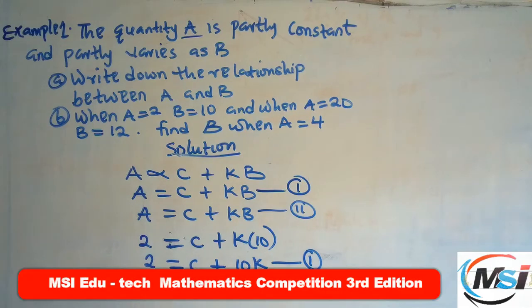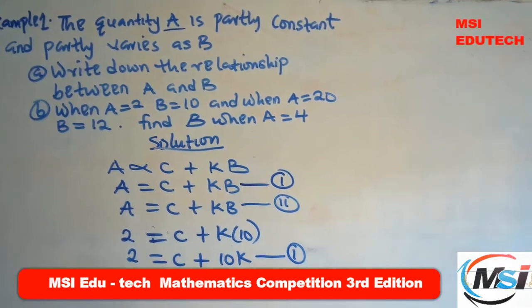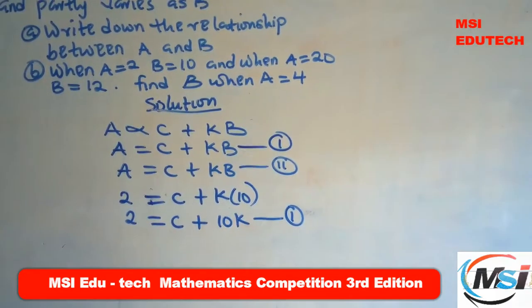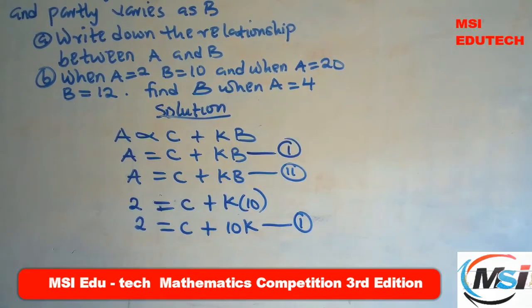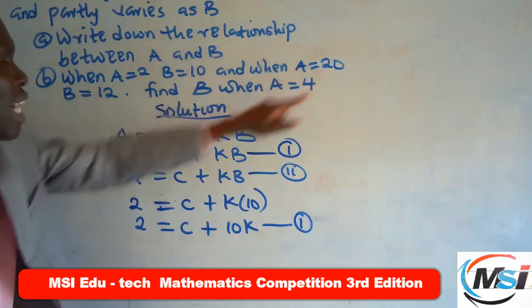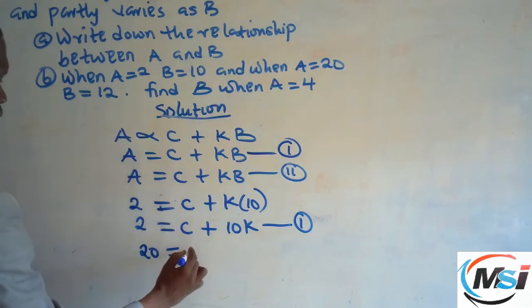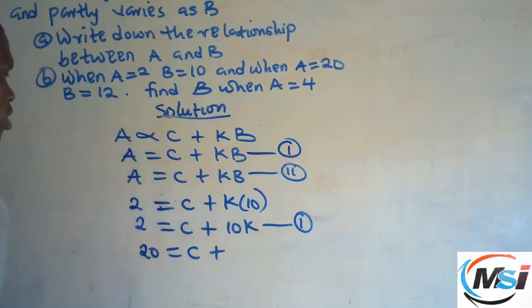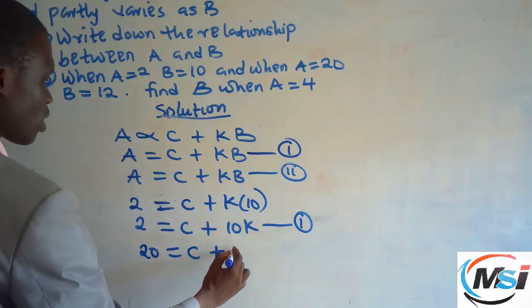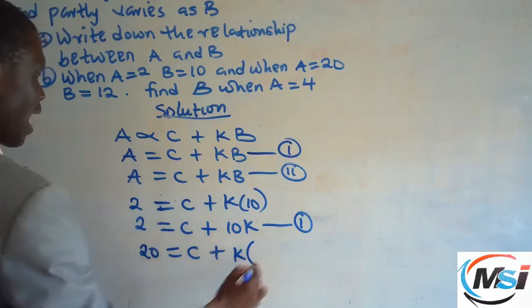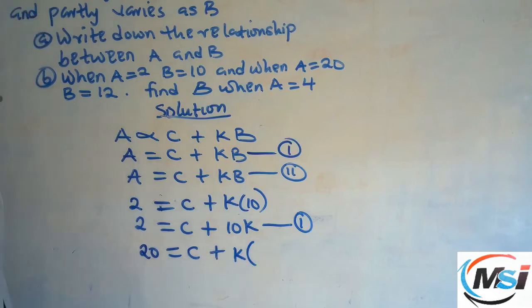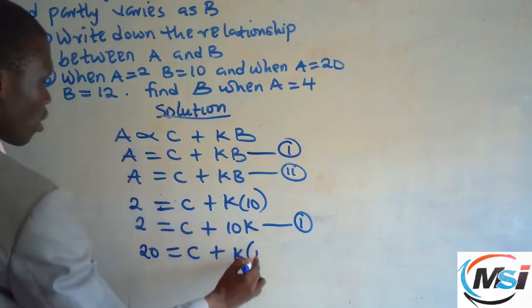Now, to form equation 2, you need to do something here. For equation 2, A is given to us as 20. 20 equals C plus K, which is not known, and B is 12.